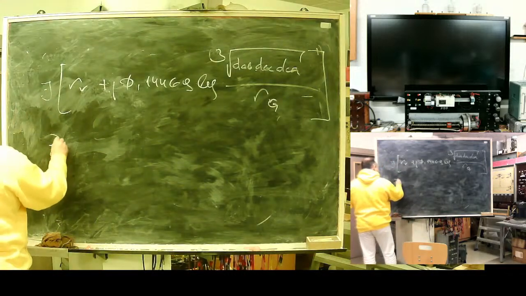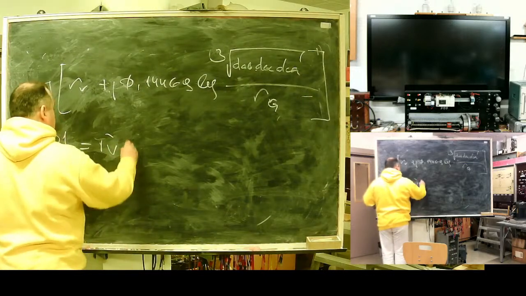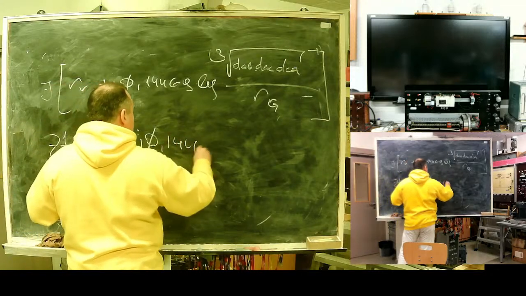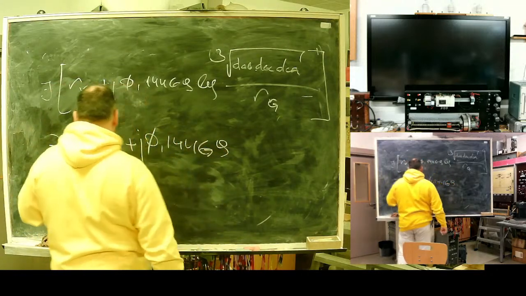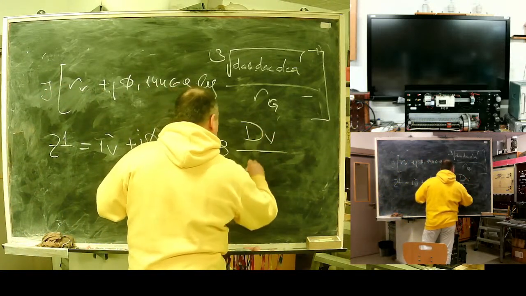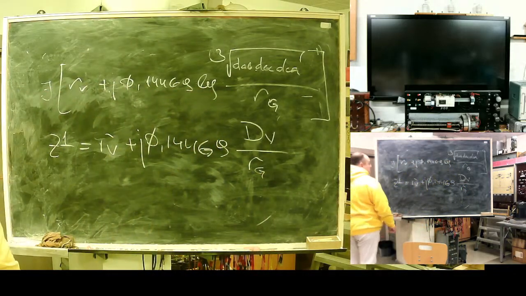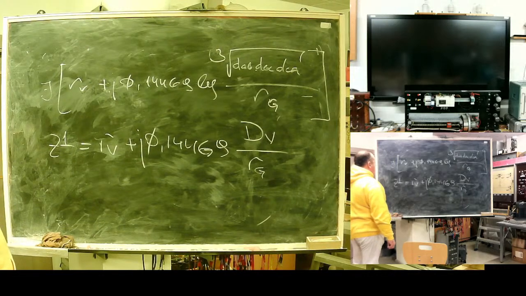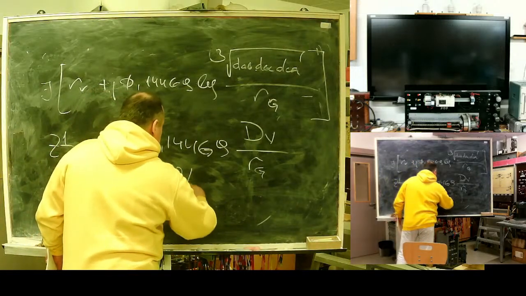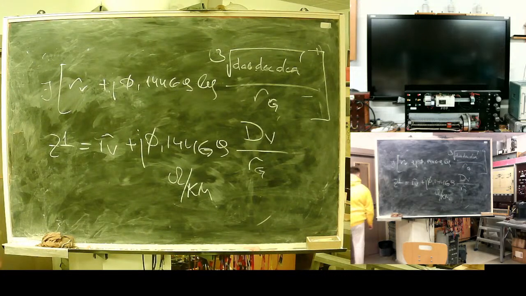So resistance in direct sequence will be R wire plus this. Yes, I have it. It's the direct sequence resistance in ohms per kilometer.